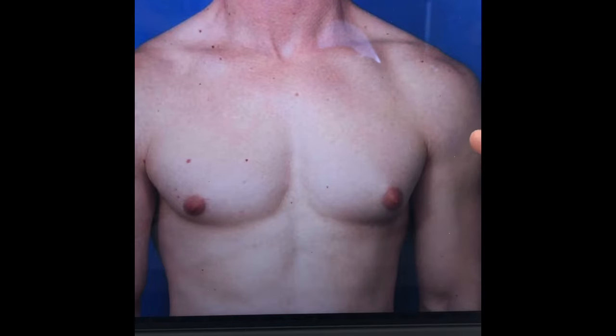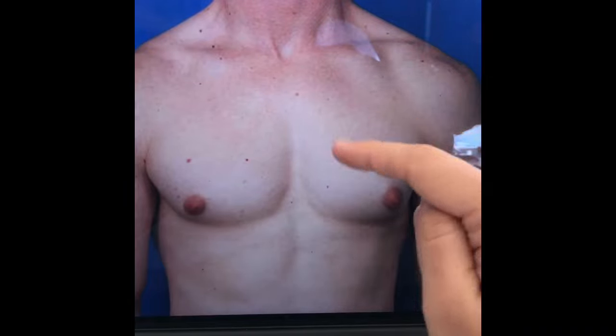Liposculpture would mean that I will do here in the inferior part of the deltopectoral groove. This is the deltopectoral groove, the indentation here that separates the deltoid from the pectoral muscle.